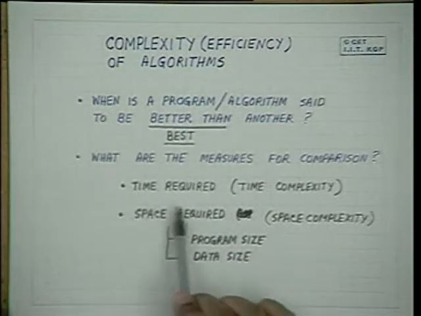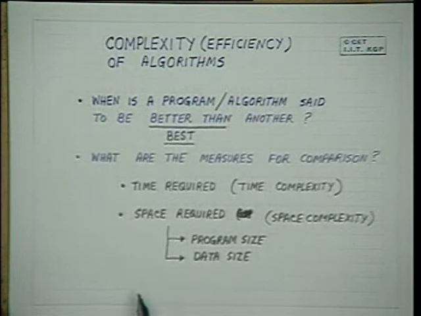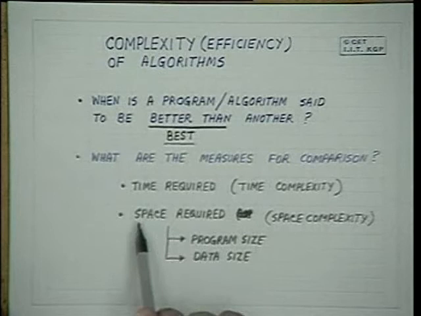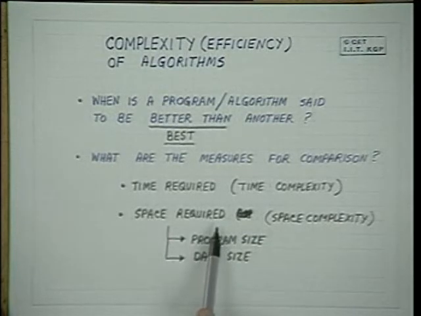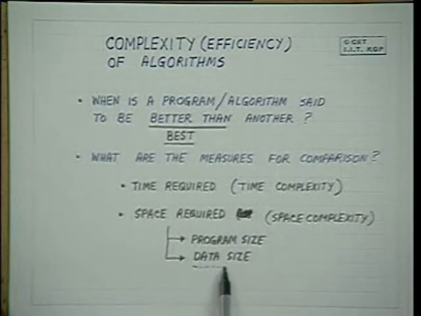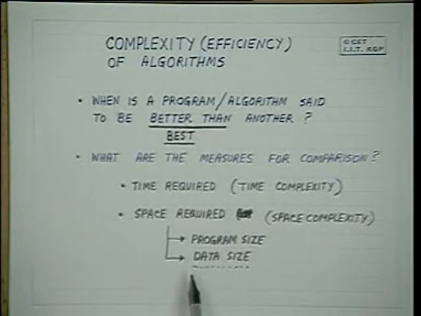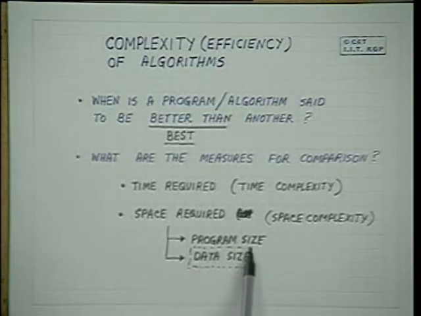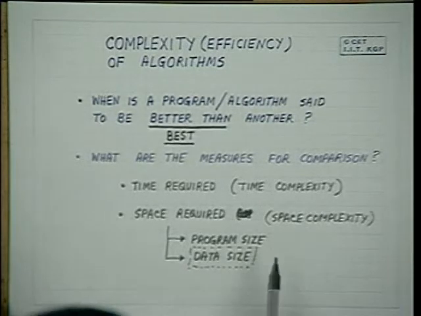In most cases, now that a lot of space is available on the computer, and unless an exorbitant amount of space is required to solve a particular problem, time is the most important criterion. We shall see examples where an exorbitant amount of space may be required to solve a problem. And remember, this data size may be dynamic in nature. You may acquire data dynamically and then release it also.